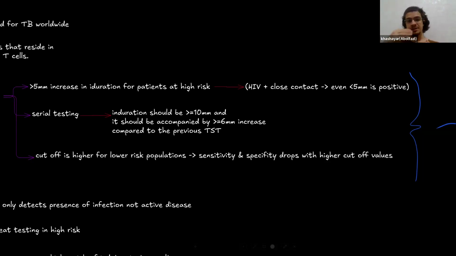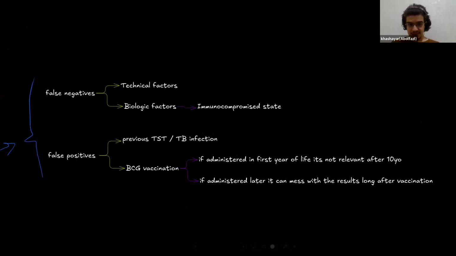Cutoffs higher than the usual 5 millimeters can be used for populations who are at lower risk, but sensitivity and specificity both drop by using higher cutoff values. Another thing to consider here are false negatives and false positives for this test. False negatives can be caused by technical factors like mishandling of the equipment or biologic factors like immunocompromised state of the patient. False positives, which are particularly important to us, are mainly due to previous TST and TB infection.